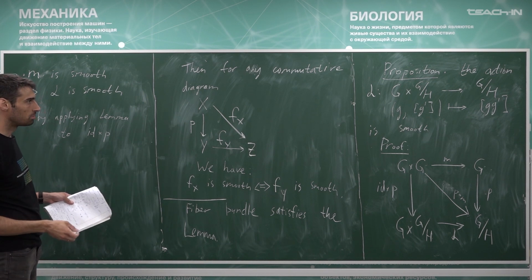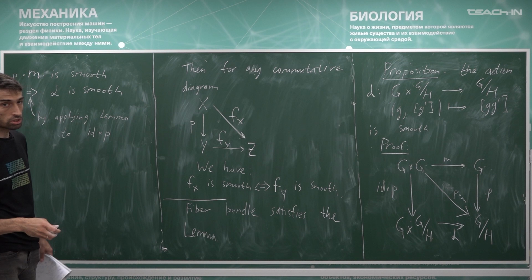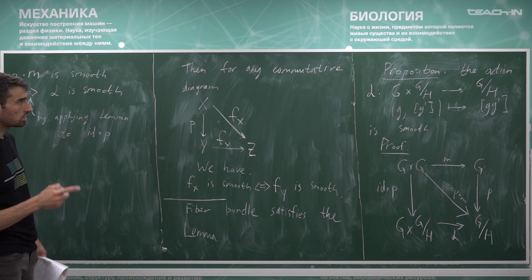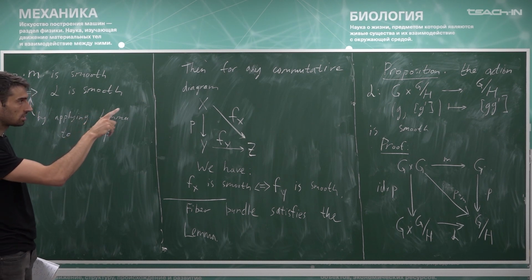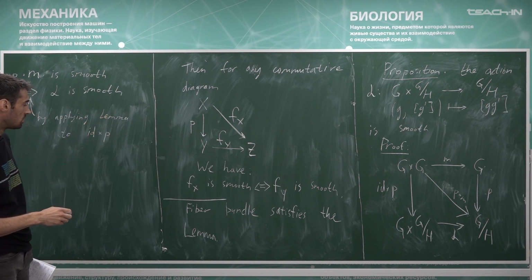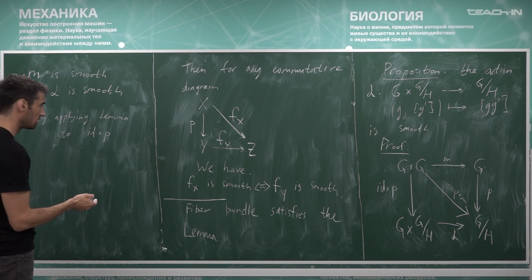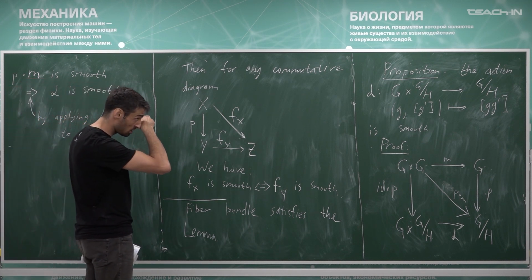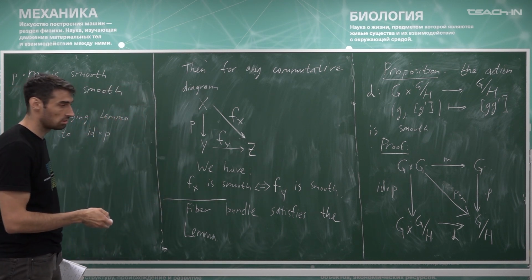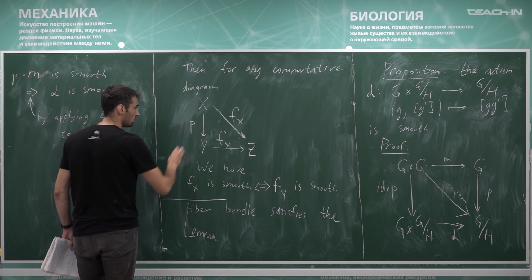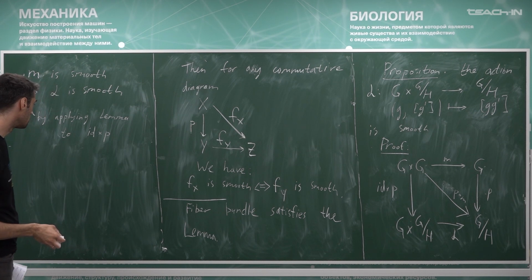We introduced smooth structure on G over H, and we proved that this smooth structure is such that this alpha is smooth. And this is because we have good smooth structure in the sense that the corresponding projection is a fiber bundle. So this is a quick review of what we have done.